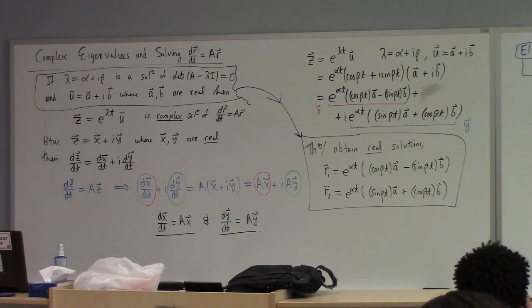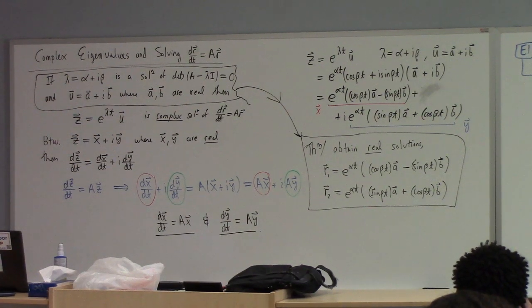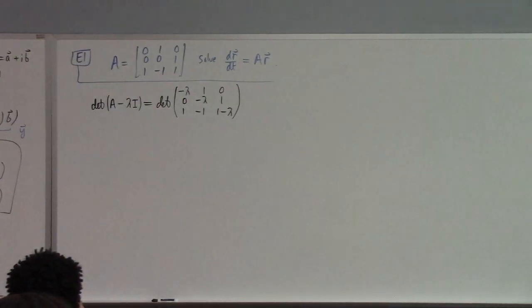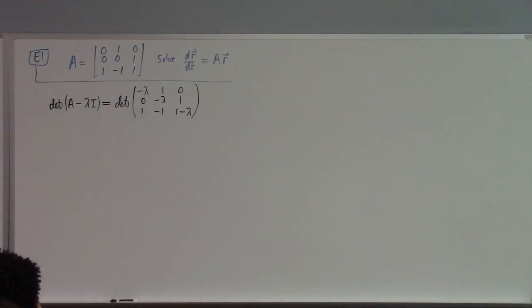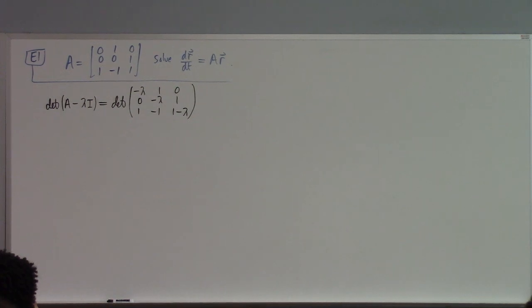So maybe you guys figure that out while I'm moving the camera here. My goal is to illustrate how that theorem we just wrote down is put into practice for this example.